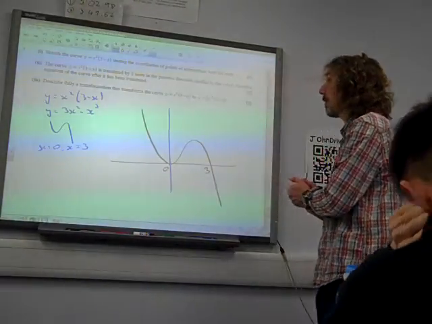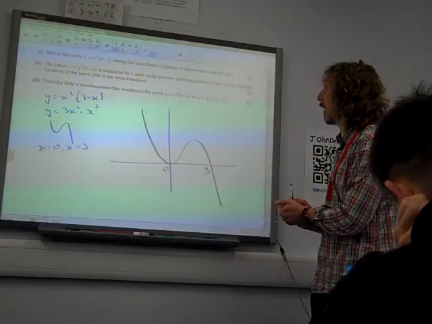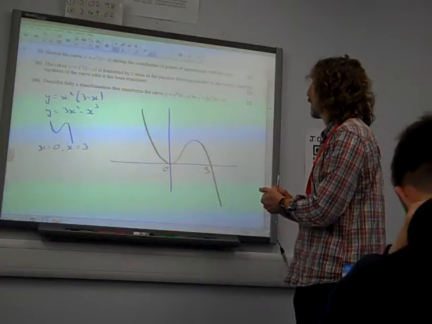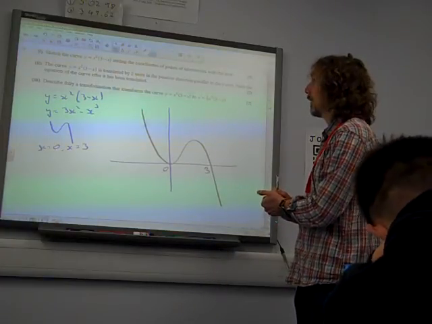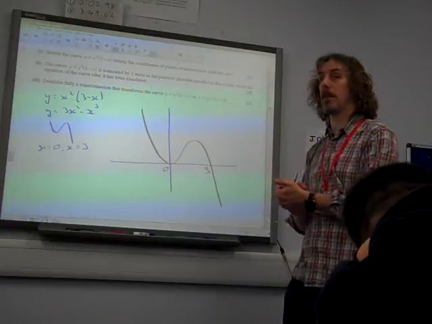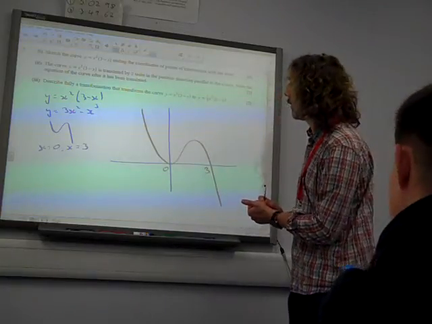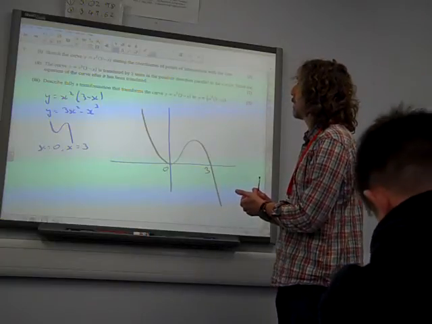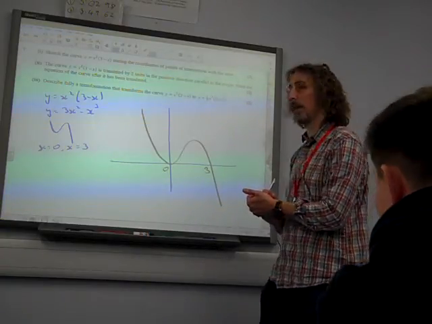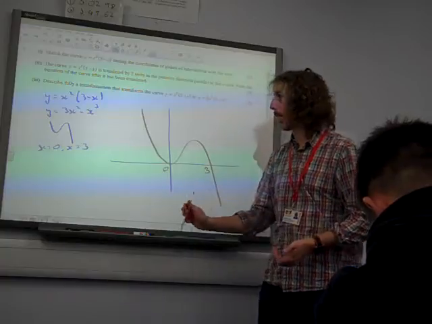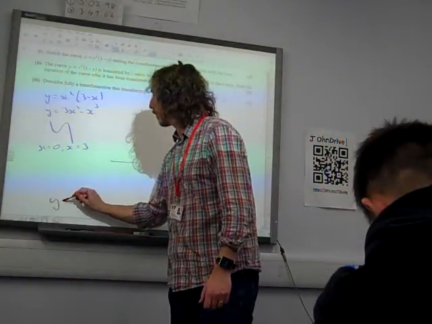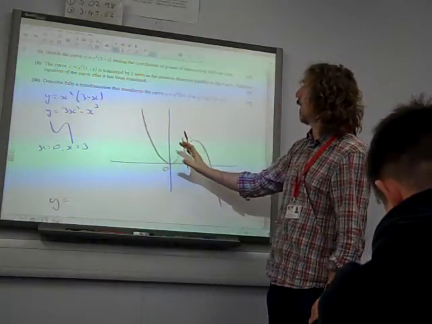The curve is translated by 2 units in the positive x direction, parallel to the x-axis. State the equation of the curve after it has been translated. Well, let's think about this now.